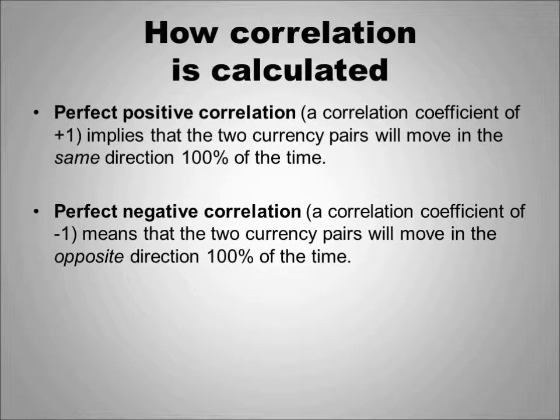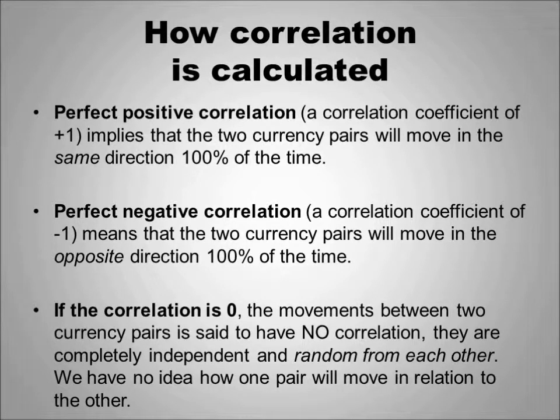Now, a perfect negative correlation means if currency pair 1 has a strong bullish trend, currency pair 2 will have a strong bearish trend, and vice versa. And if the correlation is 0, it means currency pairs A and B are not affiliated with each other at all.